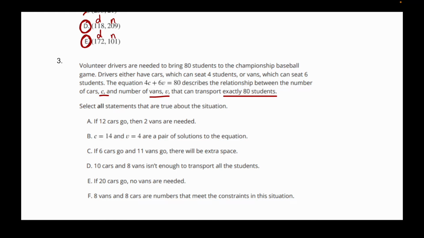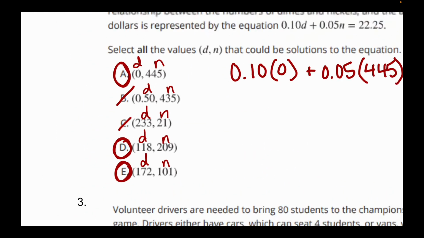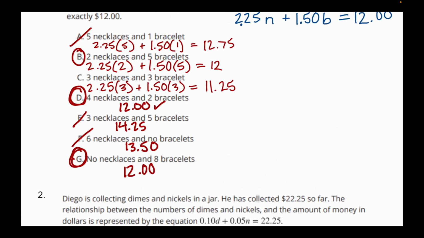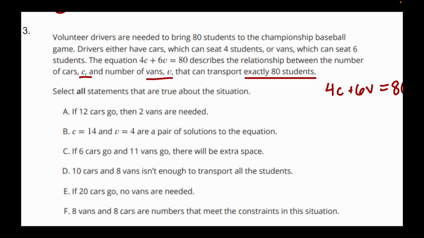Now, this is another version of the previous 2 questions. They're giving us an equation, 4C plus 6V equals 80, and they want us to plug these numbers in. But instead of giving us ordered pairs or coordinates, or instead of giving us numbers of things, they are telling us in sentences what that would look like.